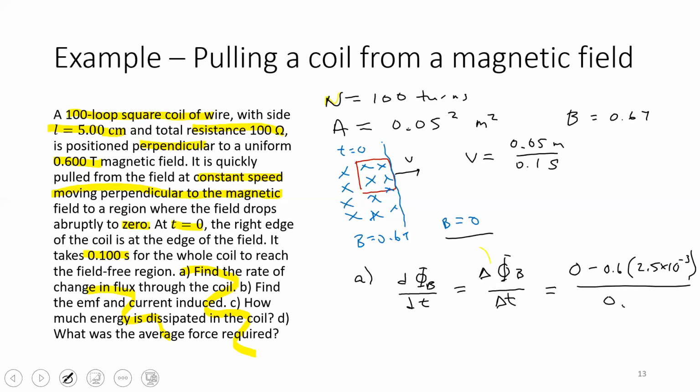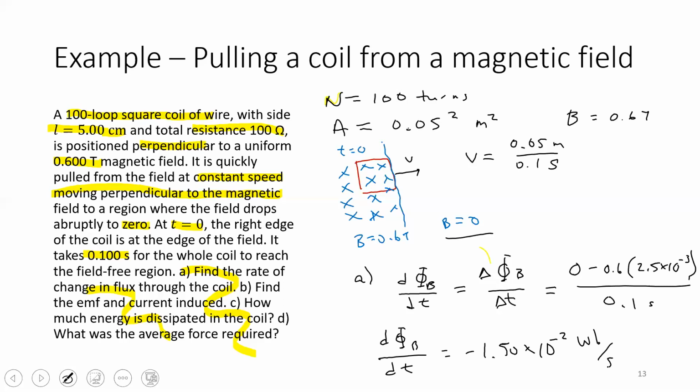And we do that in 0.1 seconds. So the change in our magnetic flux over time is going to look like just a simple negative 1.5 times 10 to the minus 2, and that's going to be in Webers per second.